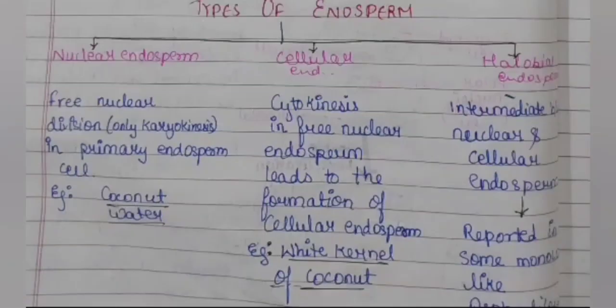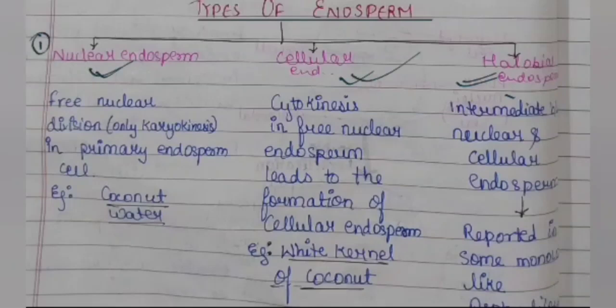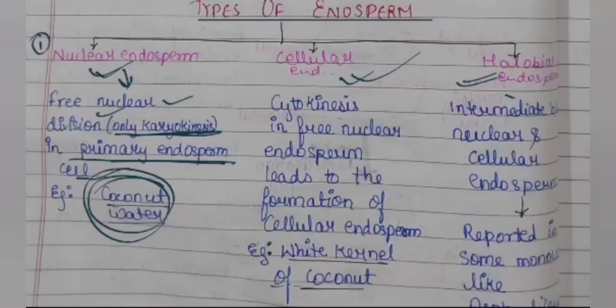Okay, now let's talk about the types of endosperm, which can be classified into three types. The first one is nuclear endosperm, then cellular, and then helobial. The nuclear endosperm is formed from free nuclear division, by only the process of karyokinesis in the primary endosperm cell. Example, coconut water.